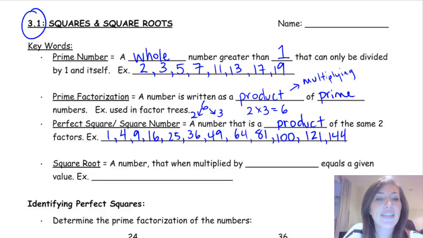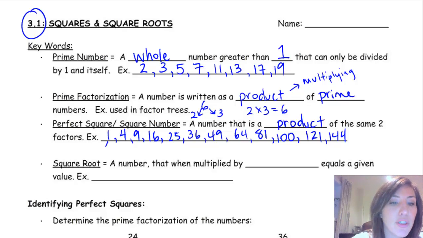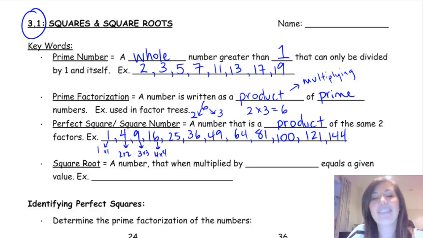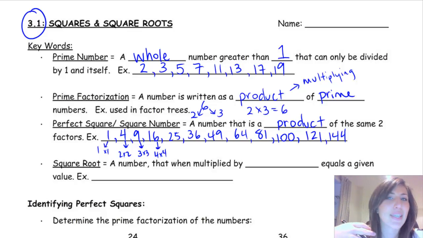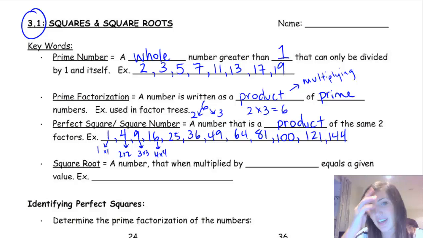So basically, these numbers are just the answer when you multiply two of the same number. So if you multiply 1 times 1, you get 1. If you multiply 2 times 2, you get 4. If you multiply 3 times 3, you get 9. 4 times 4 is 16, 5 times 5 is 25, 6 times 6 is 36, etc. So you see that when you multiply the same number by itself, then you get a product, and that would be considered a perfect square.